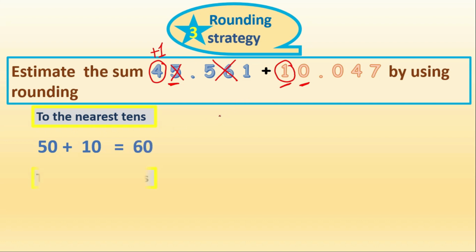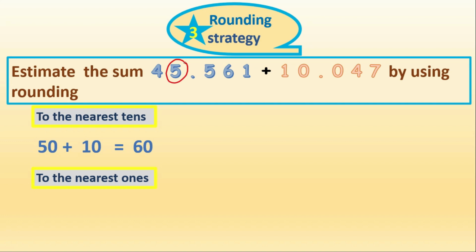Okay, the next place value, to the nearest ones. So circle the 1's digit. The 1's digit is 5. Take care, we're still talking about the whole part, 1's and 10's in the whole part. 1's is 5, so look at the digit on the right, 5. Ask yourself, 5 group 1 or group 2?